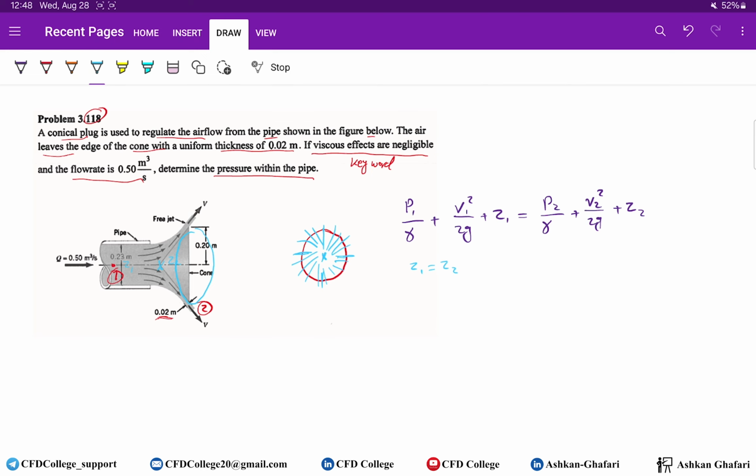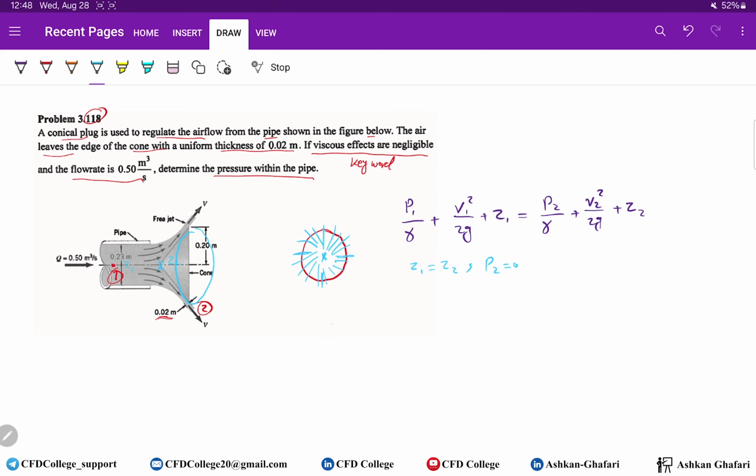Okay, Z1 equals Z2, and we know at the exit we have atmosphere, so P2 is 0. What about velocity? We have thickness, and we want to find P1.